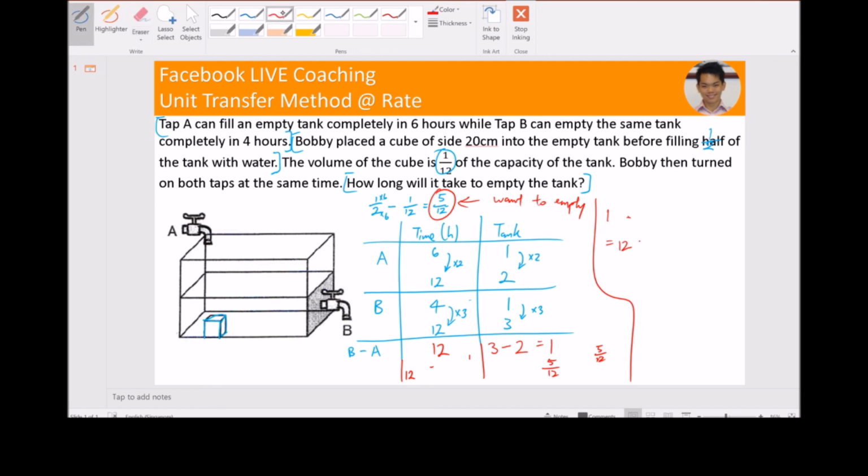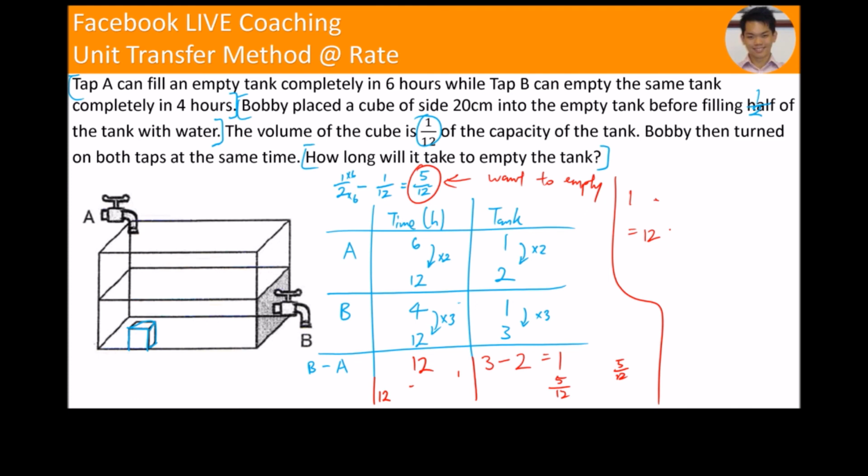Here, this should be times 5 out of 12. So 12 times 5 out of 12 would give you 5 hours. Alright? Ignore this. Sorry that I made some mistakes. I'm not really sure what's happening now. There appear to be some glitches. Sorry about that.